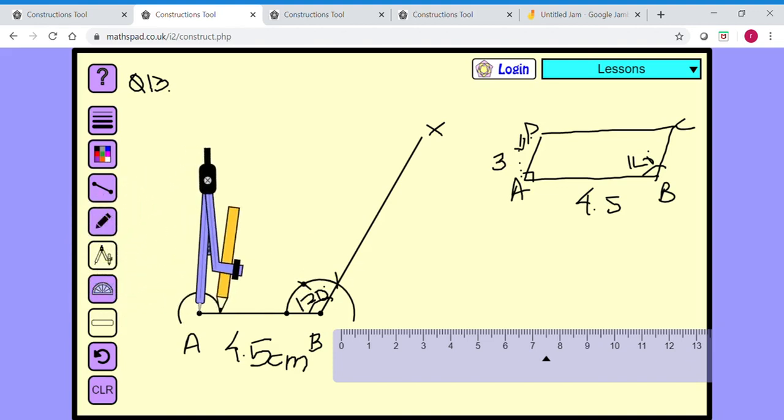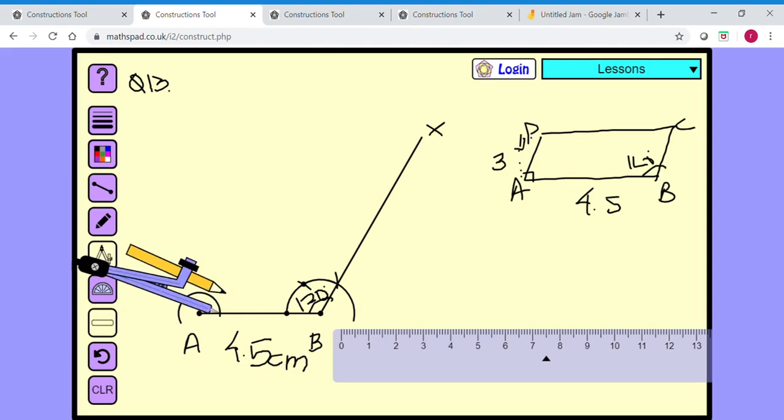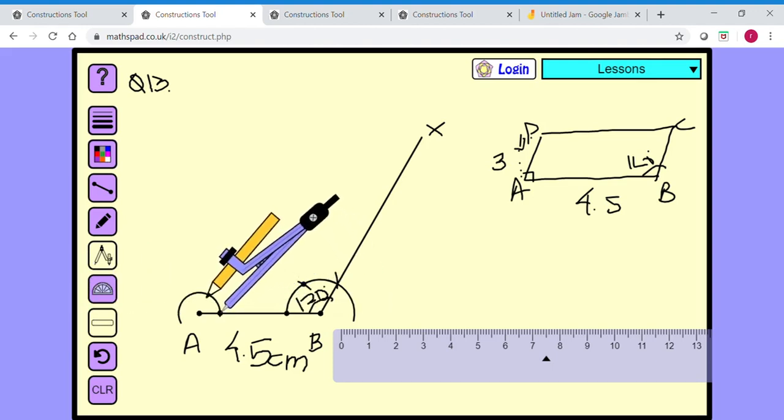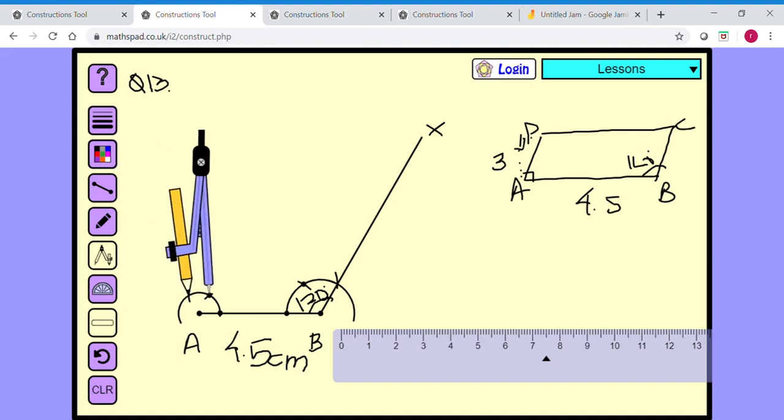Done. At this semicircle now, I mark 60 degree. I keep it at this point, and this is how I will mark 60 degree. Done. I pick up the compass, keep it at the 60-degree point, and now I mark the 120 degree.